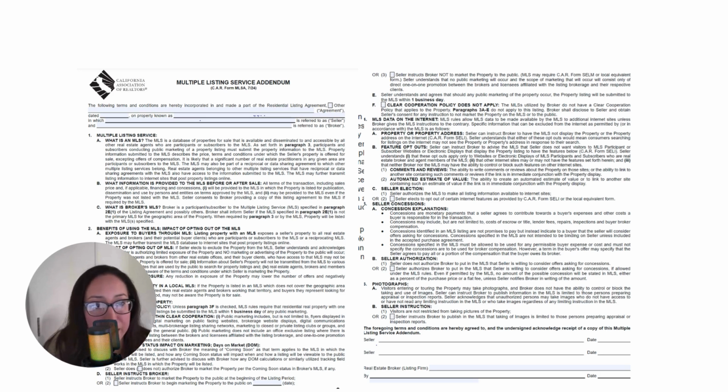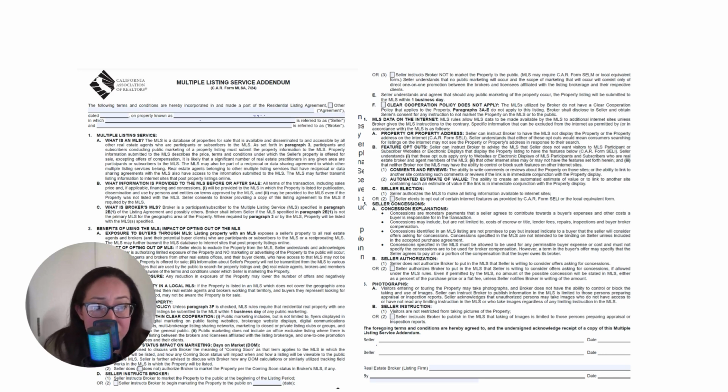And the reason why that is important is now because by default, the buyer is going to be responsible for paying their own agent or their own broker. So concessions may include, but are not limited to, the cost of escrow or title, lender fees, repairs, inspections, and of course, the buyer broker compensation.